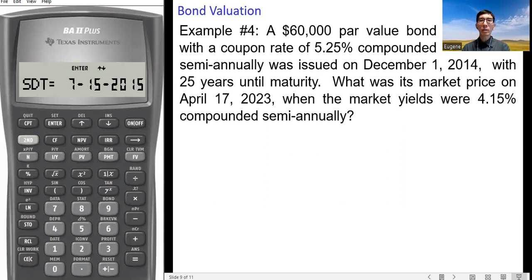A $60,000 par value bond with a coupon rate of 5.25% compounded semi-annually was issued on December the 1st, 2014, with 25 years until maturity. What was its market price on April the 17th, 2023, when the market yields were 4.15% compounded semi-annually?